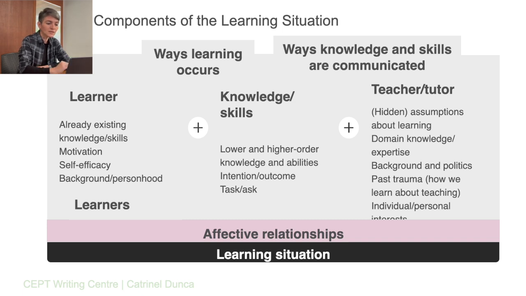This is all it takes, and this is all we need to think about one by one and together in order to design a learning situation that leads to the kind of outcomes and outputs we want to achieve. And now we will look at each one of these one by one.